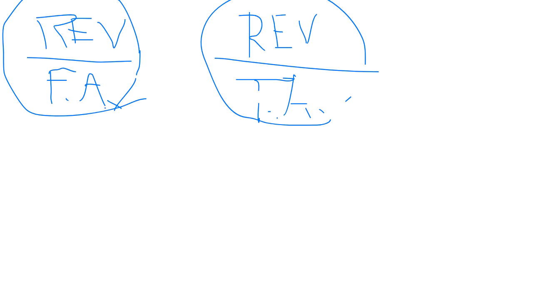Okay, now we move on to the debt management ratios. The fourth category is the debt management ratio. In debt management ratio, the first one is times interest earned. And I told you in the last segment of the video that this times has nothing to do with chronological time.